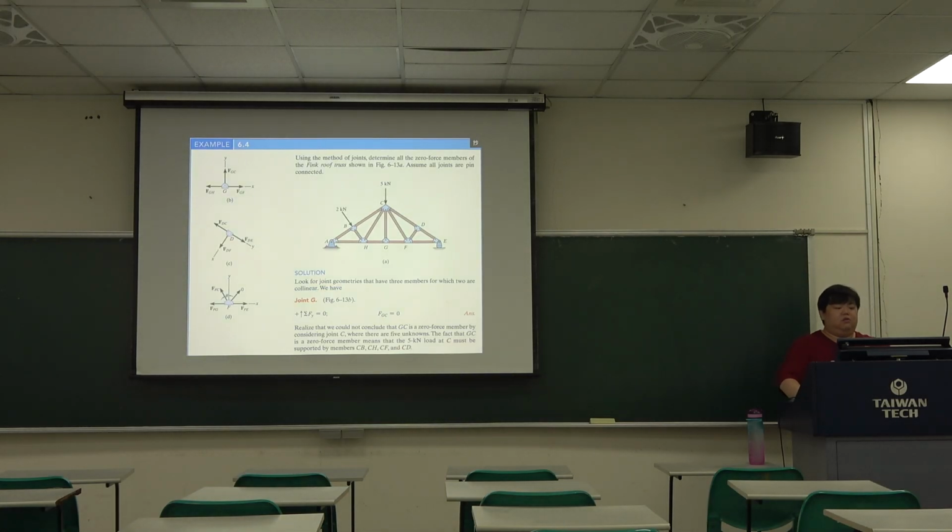Okay, so let's try this example. Using the method of joints, determine all the zero force members of the truss shown in this figure. Assume all joints are pin connected, so every member uses a pin connection.